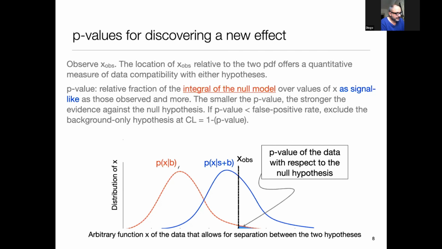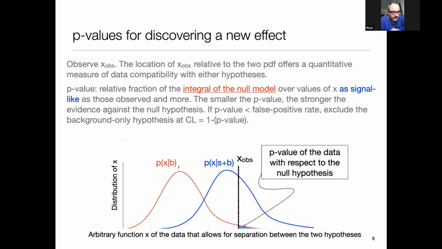And therefore, if I'm trying to discover a new effect, if I'm trying to use this observation to argue that there is an indication of a signal, the way to quantify that is to take the integral of the tail of the red distribution, which is shown here. So the integral of the tail of the background-only distribution is a measure of how compatible my data is with a signal or not.